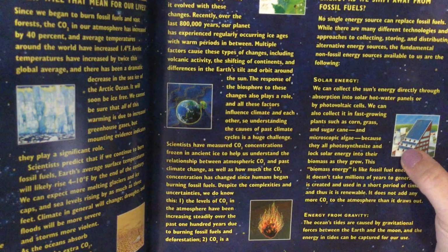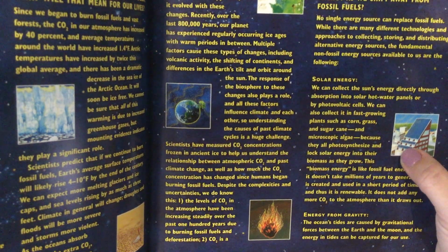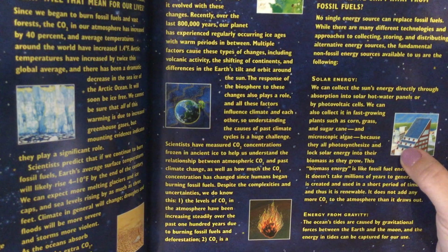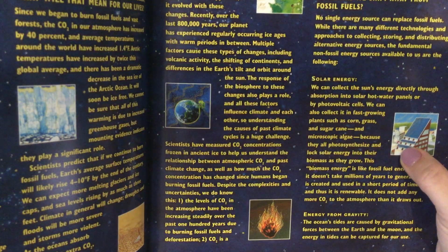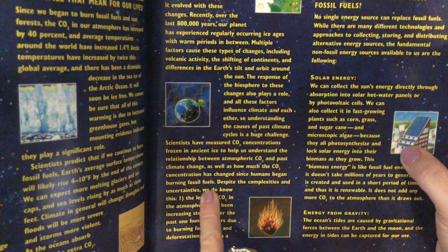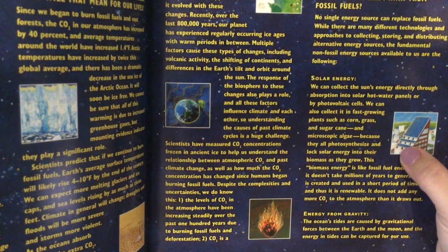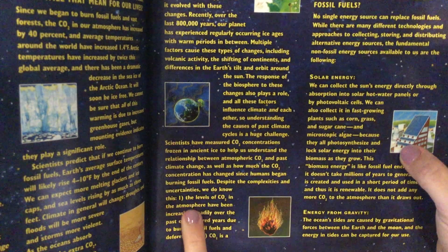Scientists have measured CO2 concentrations frozen in ancient ice to help us understand the relationship between atmospheric CO2 and past climate change, as well as how much the CO2 concentration has changed since humans began burning fossil fuels. Despite the complexities and uncertainties, we do know this. 1.